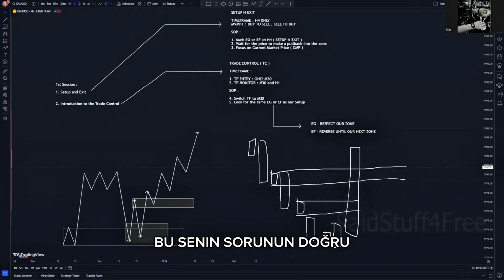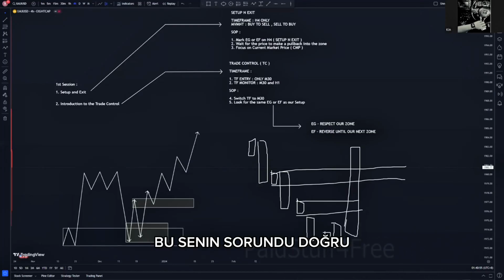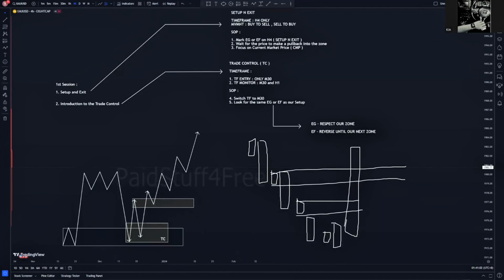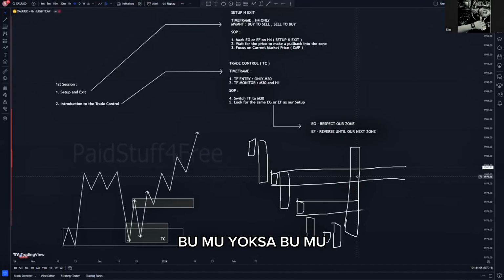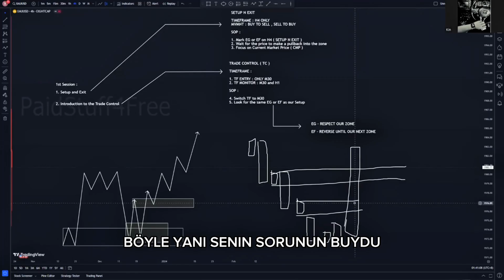That is your question, right? Which zone are we going to use for us to enter? Is it this one or is it this one? That was your question.